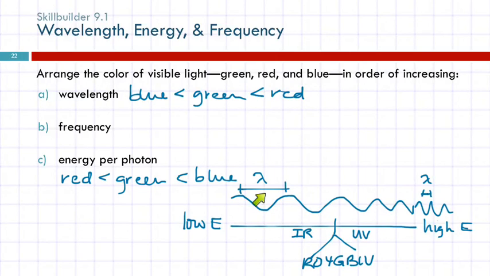Because the crests are far apart, and this is going to pass more frequently. This is high frequency and low frequency. So we're supposed to go, this arrow is probably making you dizzy. It's making me dizzy. Increasing. So we want to start with low frequency. Red. So this end is the low frequency, so it's red, green, blue.